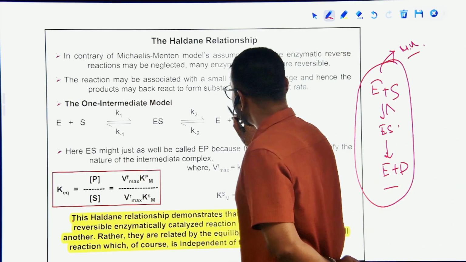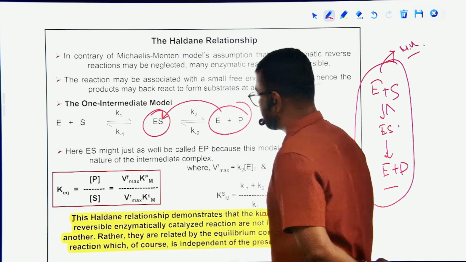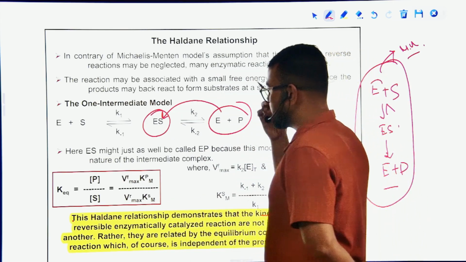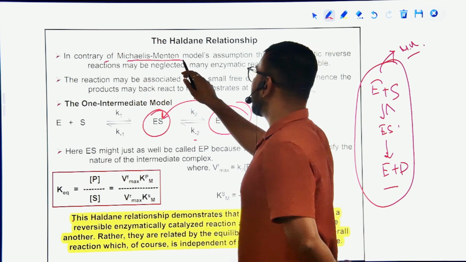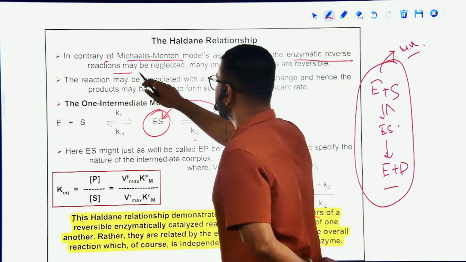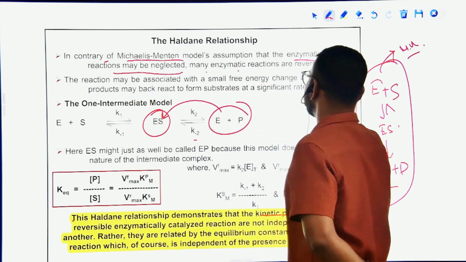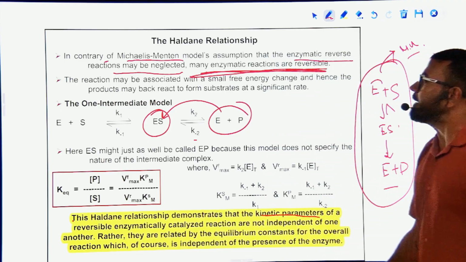They are stating that E plus P can again be reconverted into ES as well. So, in contrast with the Michaelis-Menten model assumption that enzymatic reverse reactions may be neglected, many enzymatic reactions are reversible. This is called the Haldane relationship.